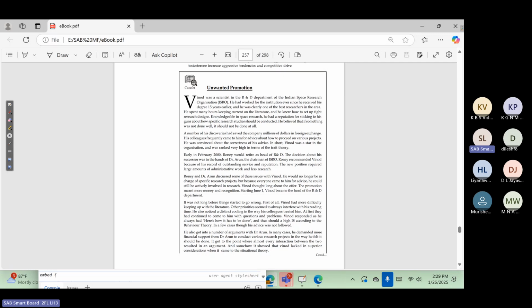It was not long before things started to go wrong. First of all, he had more difficulty keeping up with the literature. Other priorities always seemed to interfere with his reading time. He also noticed a distinct cooling in the way his colleagues treated him.